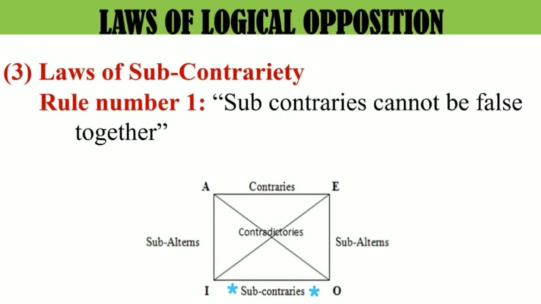Laws of subcontrariety. Rule number 1: subcontraries are at the bottom of the square, between I and O propositions. Subcontraries cannot be false together.